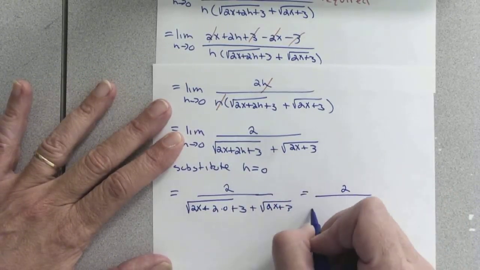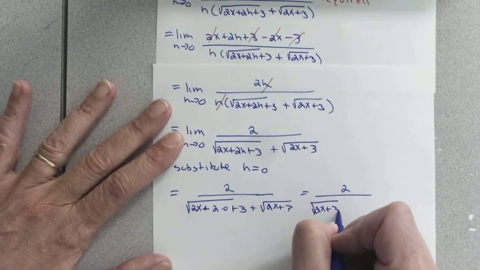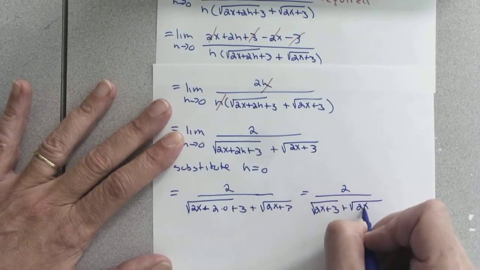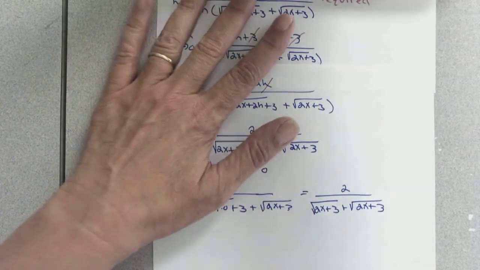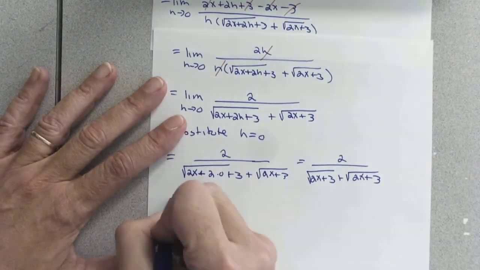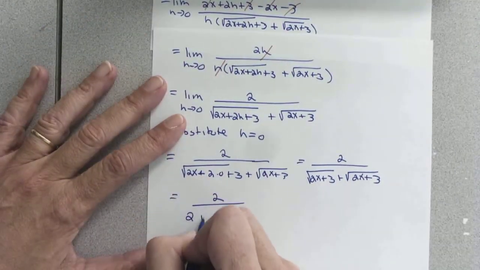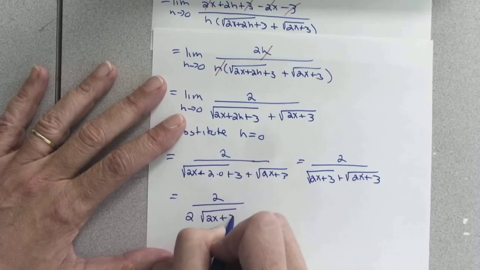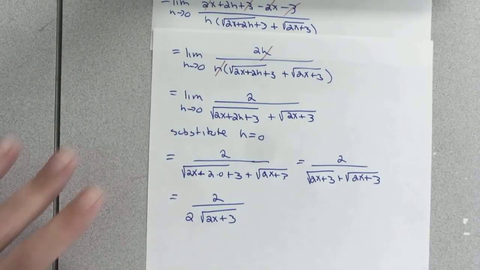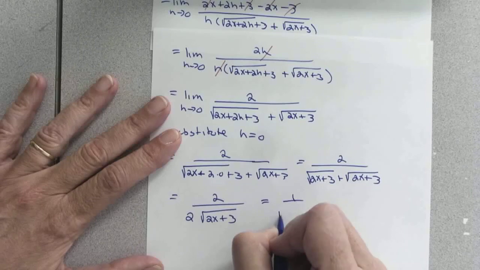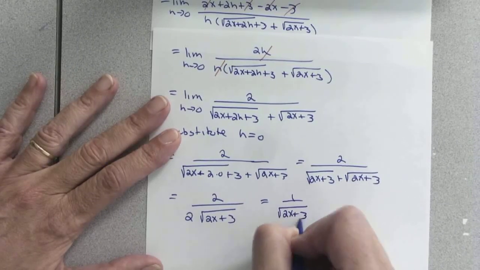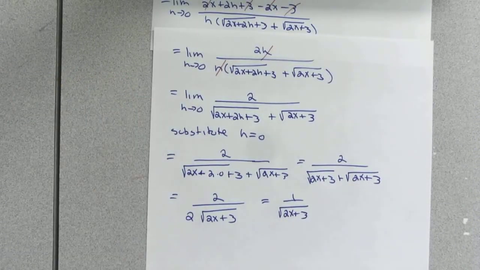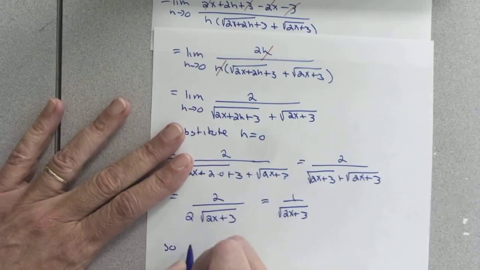Which gives me 2 over the square root of 2x plus 3 plus the square root of 2x plus 3, which is 2 over 2 times the square root of 2x plus 3, which is 1 over the square root of 2x plus 3. So what we just said is this.